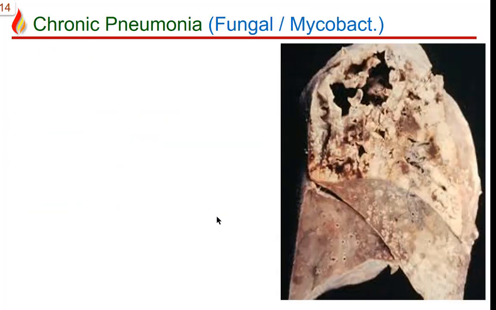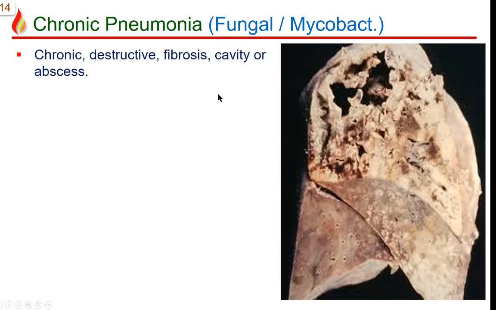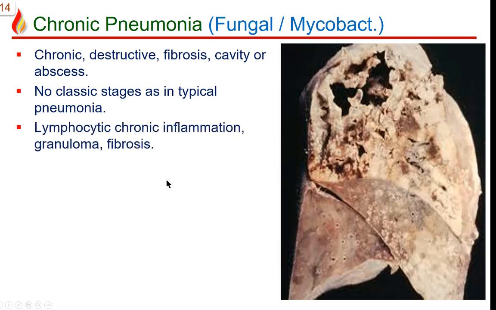Now, briefly, chronic pneumonias: fungal, mycobacterial, tuberculosis, and atypical mycobacteria. Chronic destructive fibrosis, cavity or abscess goes on for months to years. There are no classic stages as in typical pneumonia.